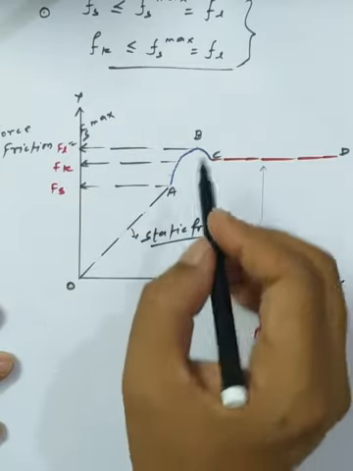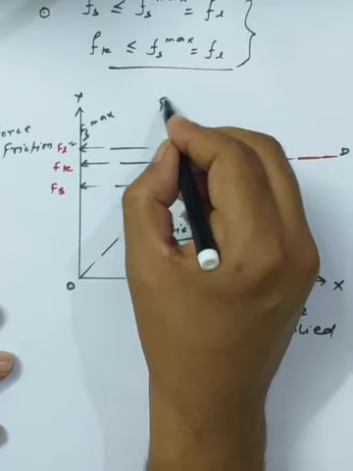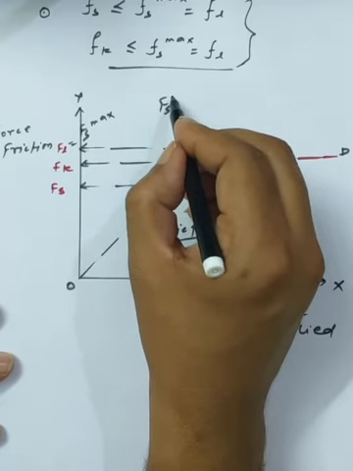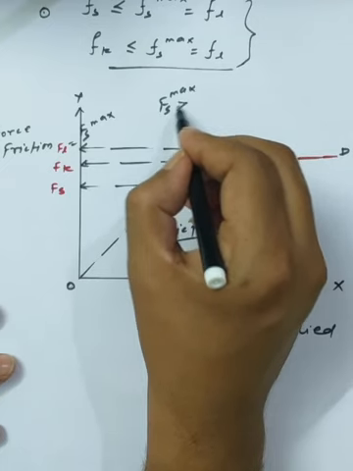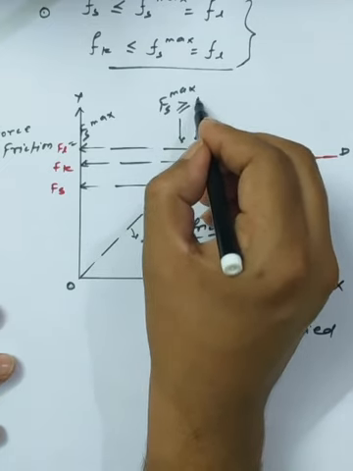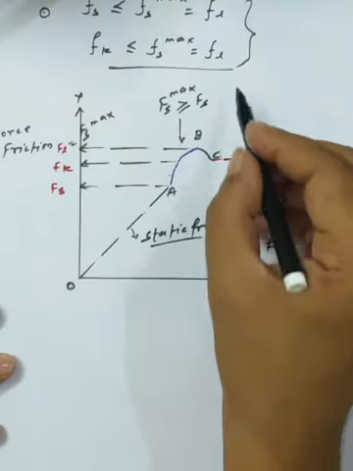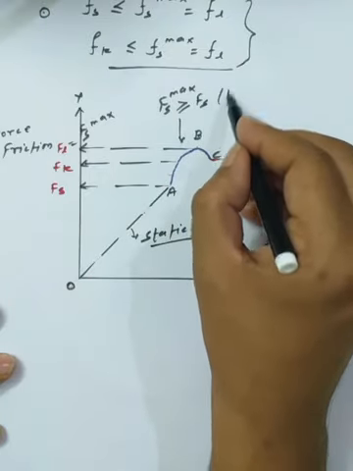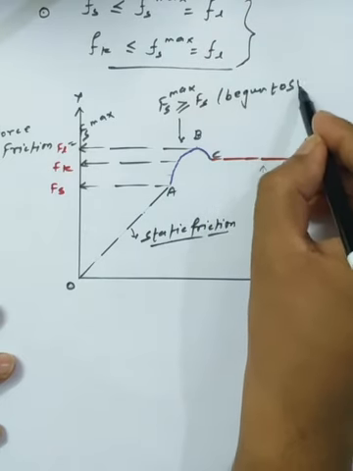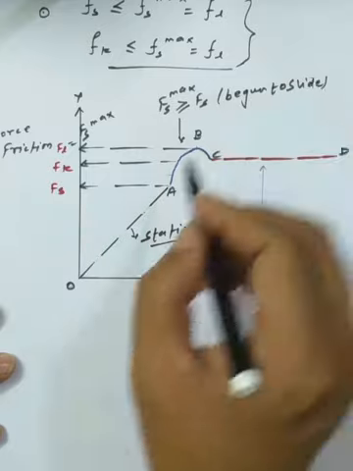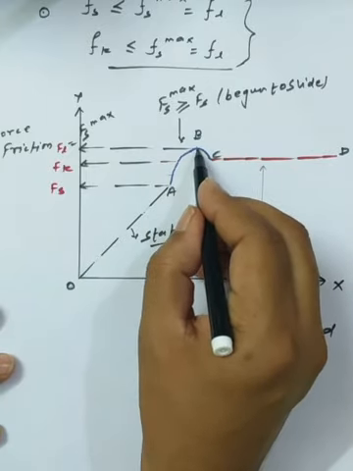Now we assume the situation in which the applied force reaches the maximum value of static friction, so the box just begins to slide. In this portion we get the graph from A to B.